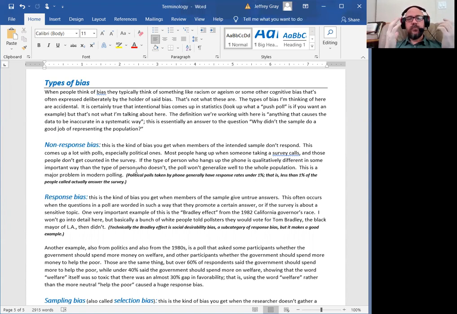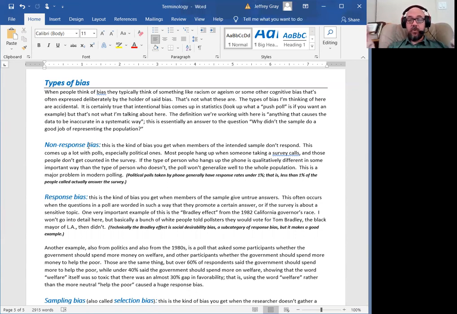There are tons of kinds of bias, most of which are broken down in the last kind called sampling or selection bias. The first two I want to talk about are non-response bias and response bias, which sounds like, wait, I'm getting bias in non-response cases and also in response cases? And the answer is yes, both can happen. Non-response bias is the kind you get when members of your intended sample don't respond to you.